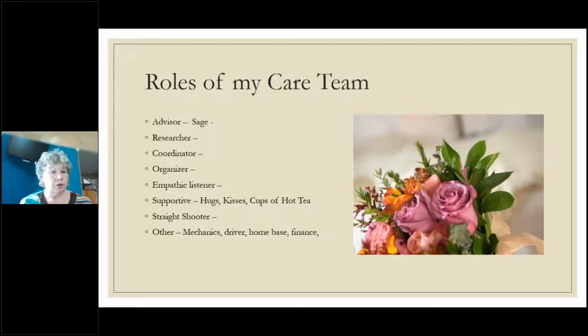I write down researcher because it does help to have someone who is skilled in looking up information and always looking through different resources to help research what other options there are, what other approaches there are, who in the community is doing what, who's moved into the area, who has left.